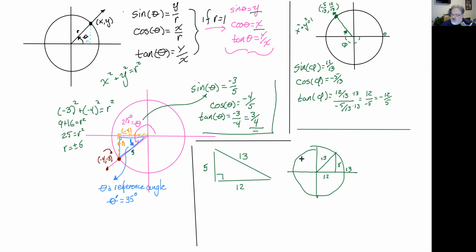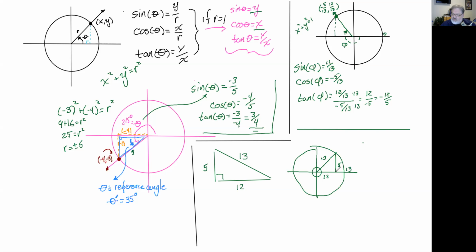But we could always make a little circle here of radius 1. And if we make that little circle of radius 1, all of these values just become 1/13 the size. So this radius went from 13 to a radius of 1. This length of 5 turned into my little length 5/13.